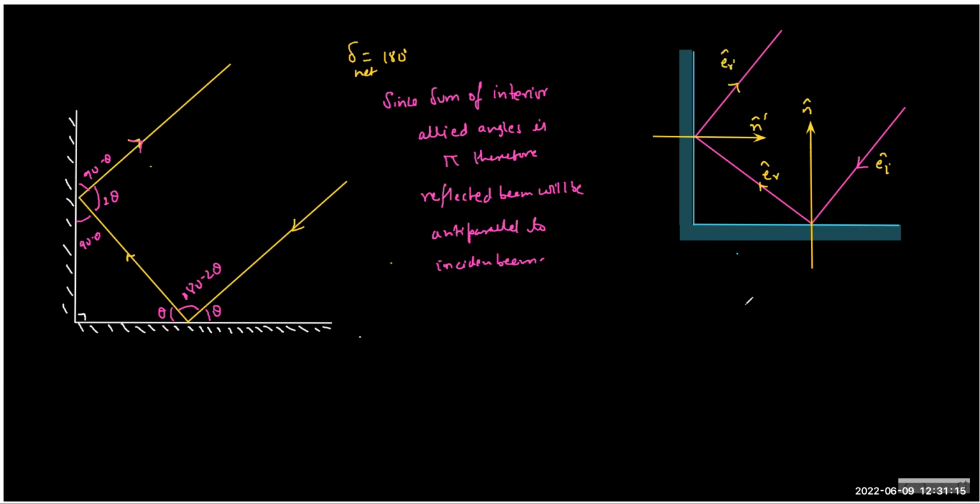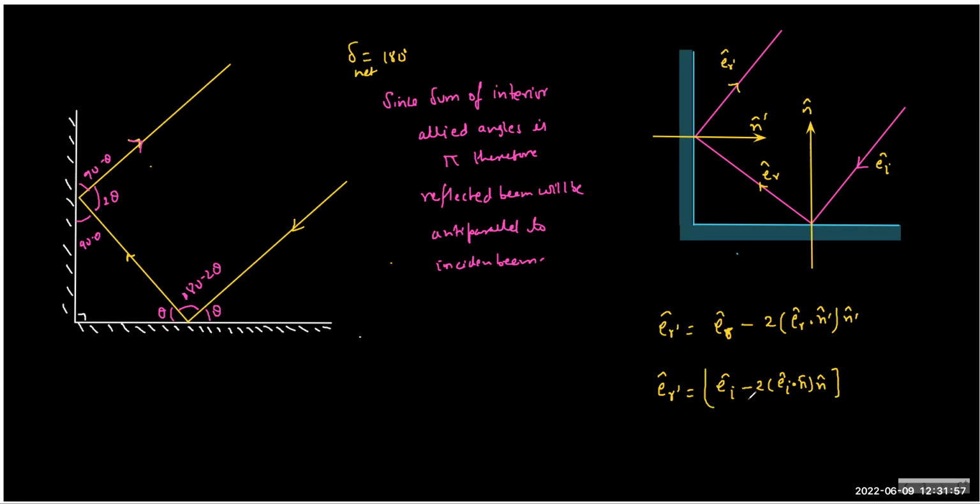So let's try to write the formula first. So er dash you can write as er minus twice of er dot n dash into n dash. Yeah, that's it only. And now let's substitute the value of er. What is er by the way? ei minus 2 ei dot n cap into n cap, right?